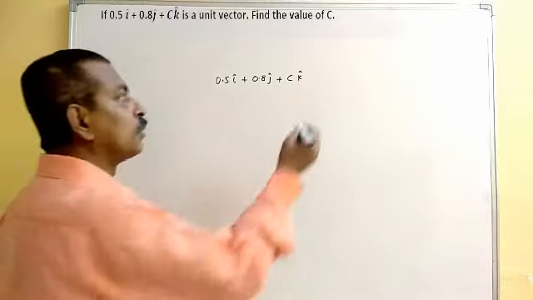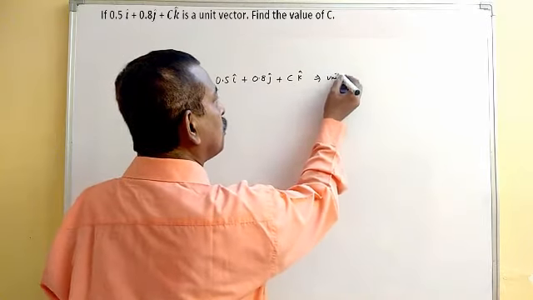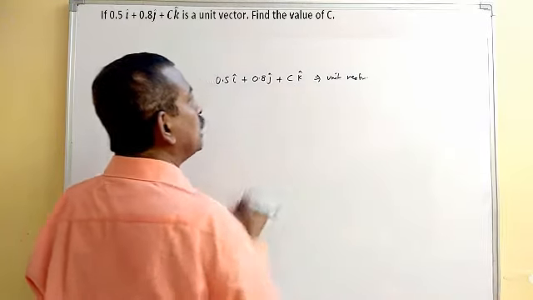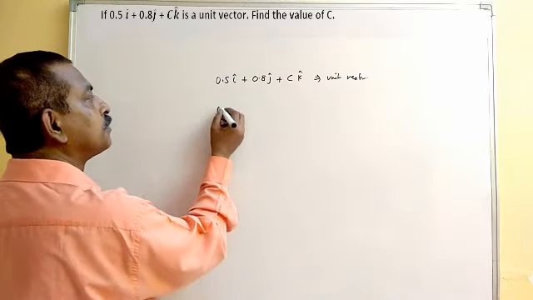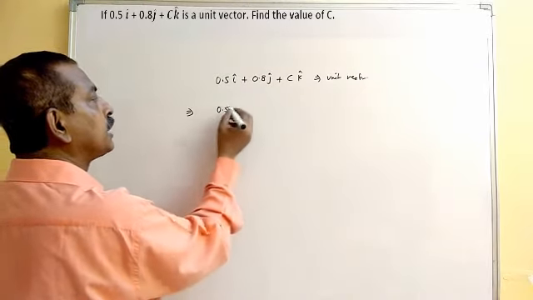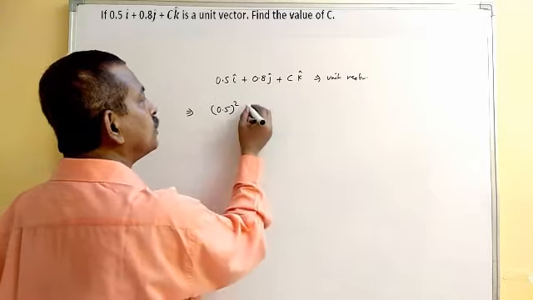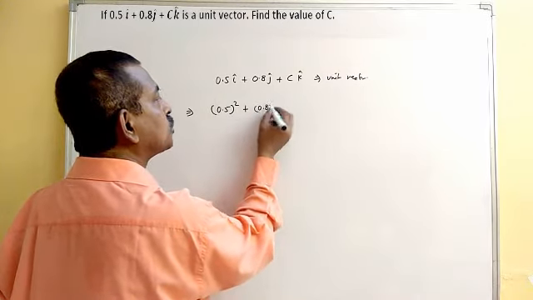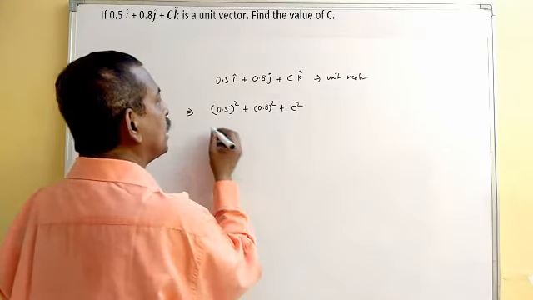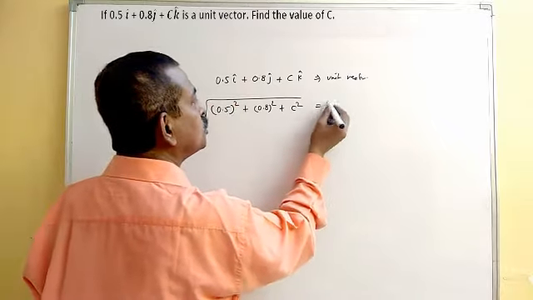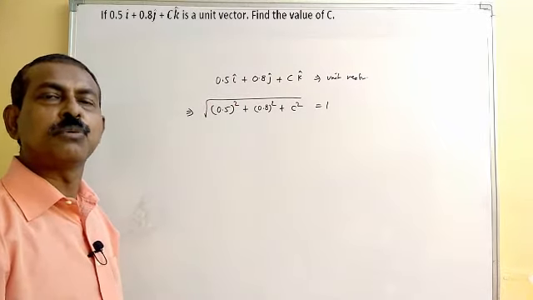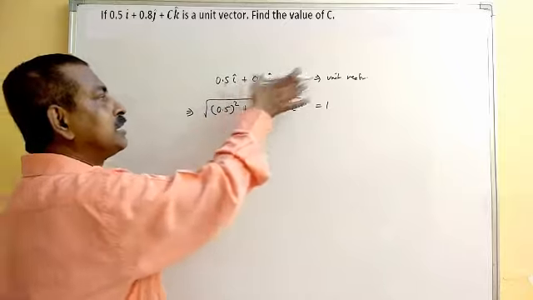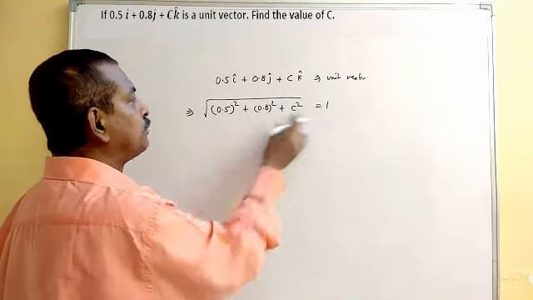This is a unit vector. So if it is a unit vector, we can say that the square root of 0.5 whole square plus 0.8 square plus c square should give you 1. That will be the magnitude of this vector. And since it is unit vector, its magnitude will be 1.